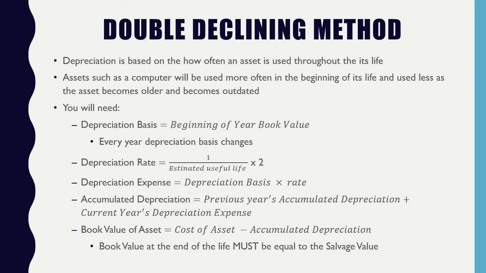However, the reason why we would use double declining is that the assumption here is that when we purchase these assets, we tend to use it more often and more frequently in the beginning of its years. So therefore, we are going to be actually depreciating it twice as much, okay?